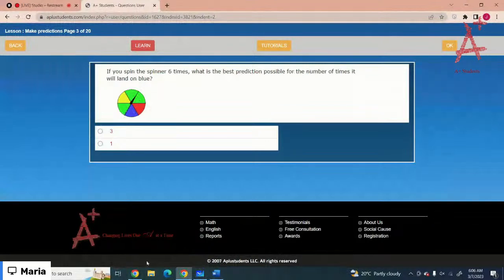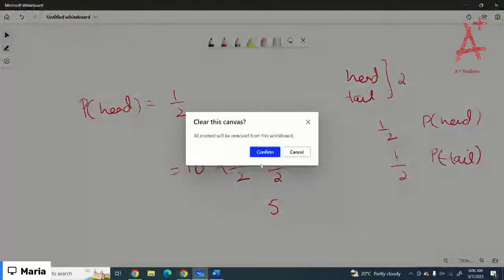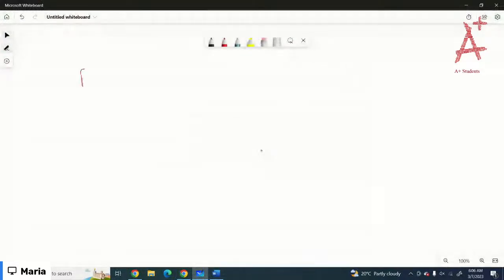Let's calculate the probability of getting blue. The total outcomes are 6, and out of the 6, just 1 is blue. So the probability of blue is 1 over 6.